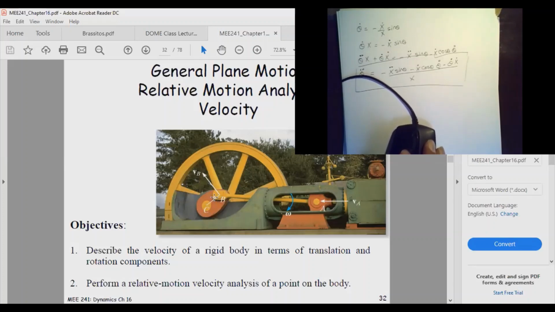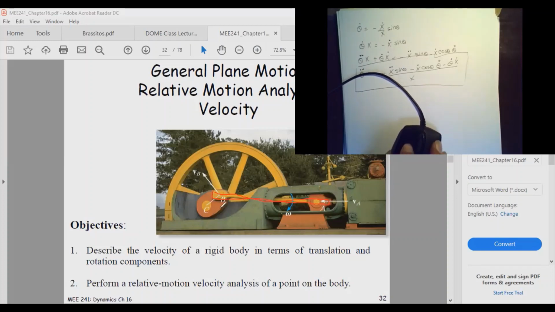Or if I tell you the velocity of point B, and it looks the way it looks right now, can you find the velocity of any other points on this link, for example? What you have to do here is obviously count the number of rigid bodies. So this is one link. The velocity of point A is going to be horizontal, and then the velocity of point B is going to be like that.